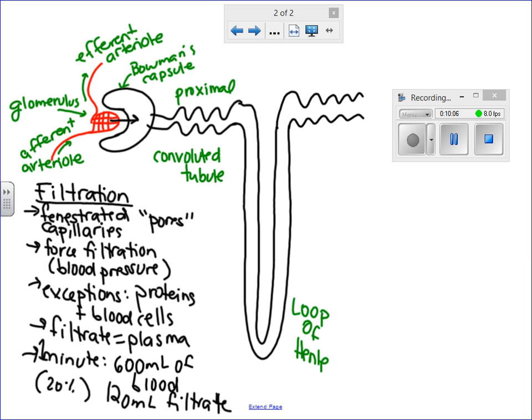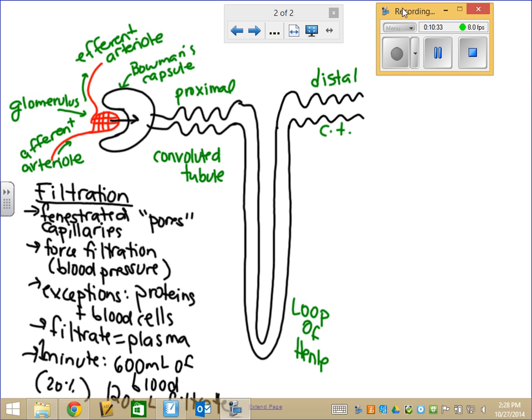So in a lot of pictures, these lines, the proximal convoluted tubule, and this one here, the distal convoluted tubule, are shown as lines that kind of cross over each other, and that's a little more anatomically correct. I'm drawing it like this so that we can see things clearly without them crossing over top of each other.